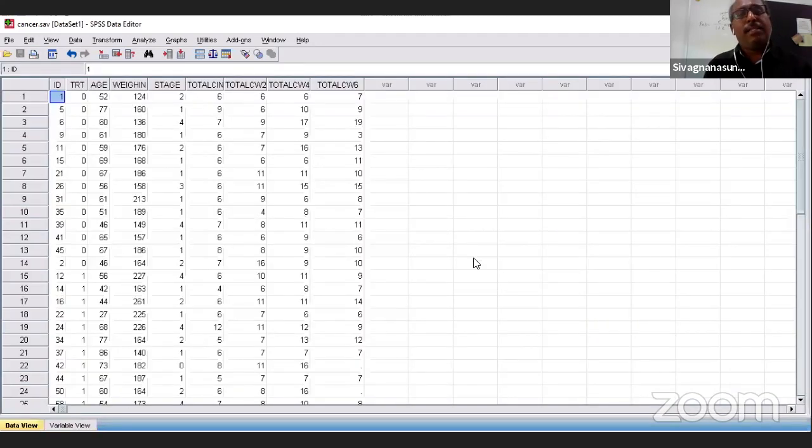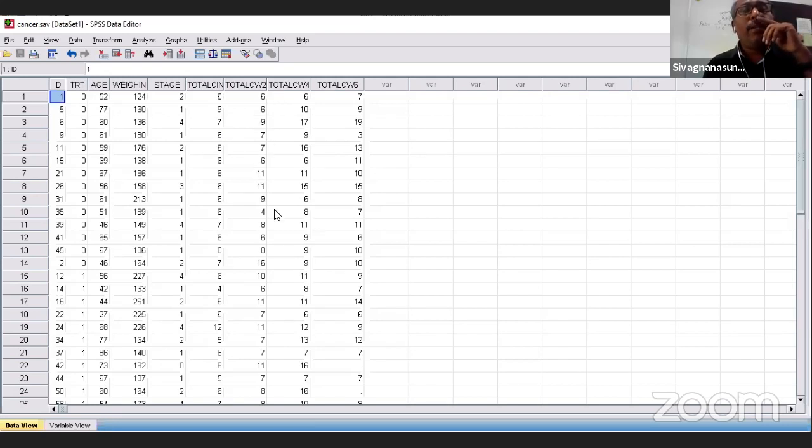It gives us a ranking. They note the condition of the patient by some kind of rankings. This is initial, and then 2nd week, 4th week, and 6th week. This ranking was given by doctors who are observing the patients.